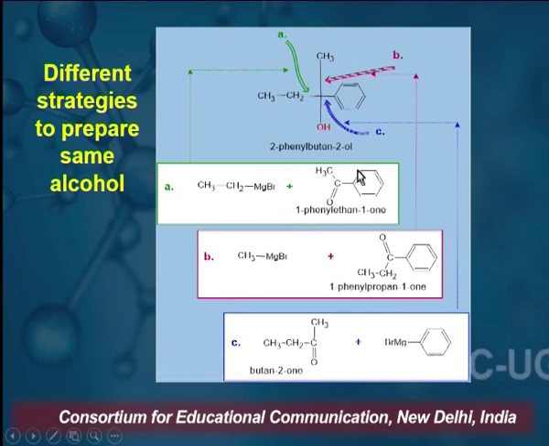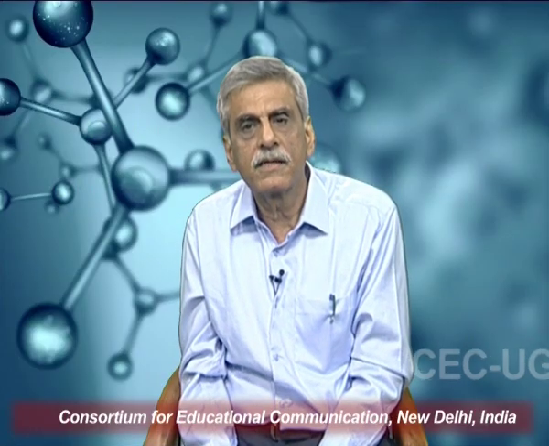In this particular molecule, we can synthesize it by 3 routes: by designing the Grignard reagent and manipulating the corresponding aromatic ketone, or simply using acetone plus the Grignard reagent from the aromatic system.